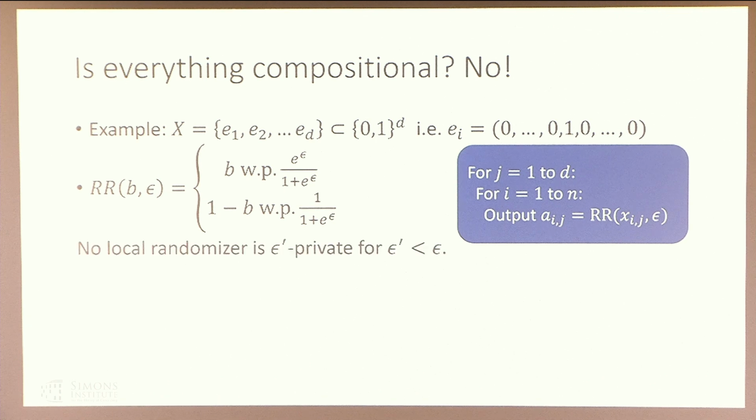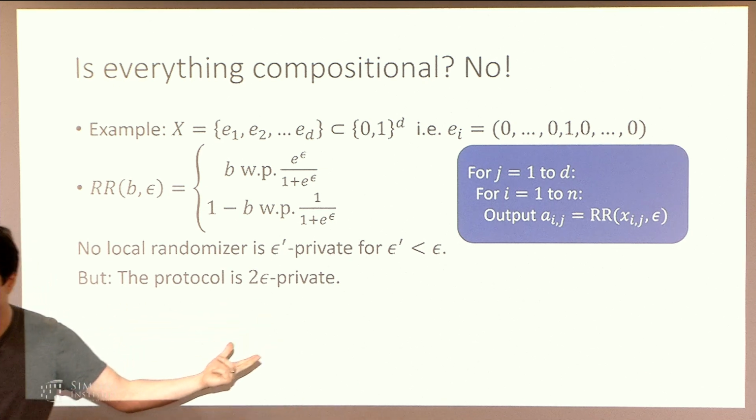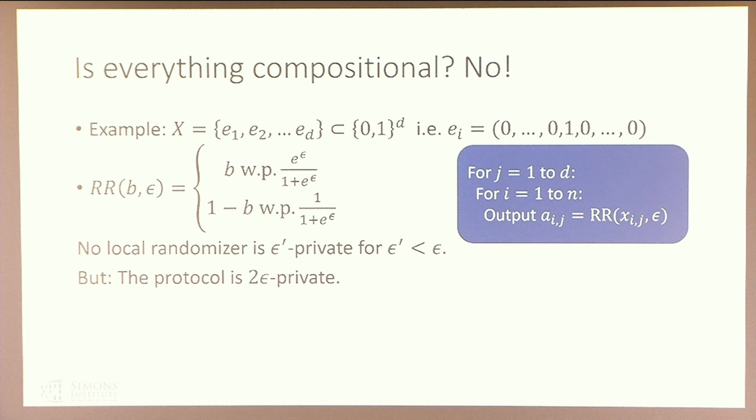and is not epsilon prime differentially private for any smaller epsilon, because there really is a neighboring data set that changes the probability of the bit that you're going to output by an e to the epsilon factor. And yet, because of a histogram structure, essentially, that if you change to a neighboring point, you only change 2 coordinates of the vector, this protocol isn't d epsilon private, it's 2 epsilon private.